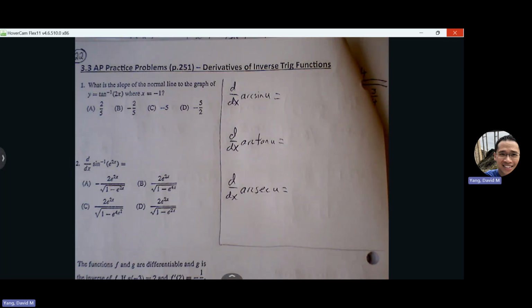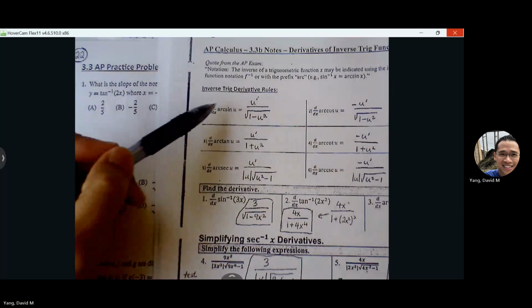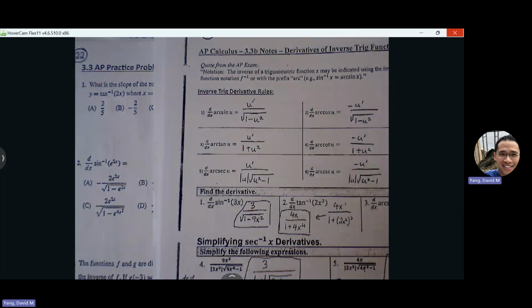So looking back at these rules, what common thing do you see amongst all these 3 rules? Yeah, they all have fractions. They all have u prime in the numerator. So we know that the numerator is going to be easy, right? So it's the denominator that's potentially going to give us trouble.